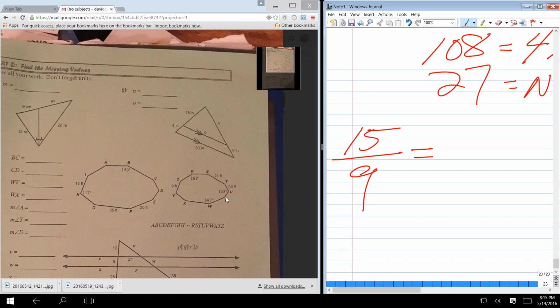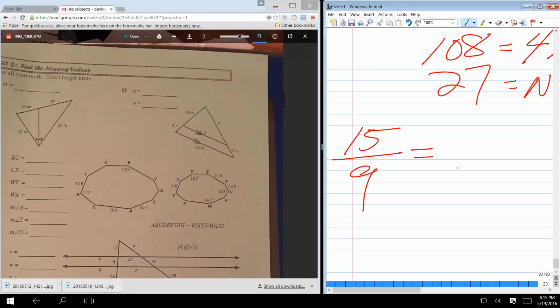So what goes on the other side of the equation? 15 over 9 is equal to, we're trying to solve for WV. Where is that? Oh, there we go. So it'd be WV over 20. No, it's big over little.